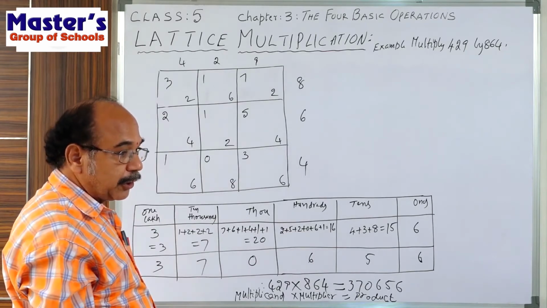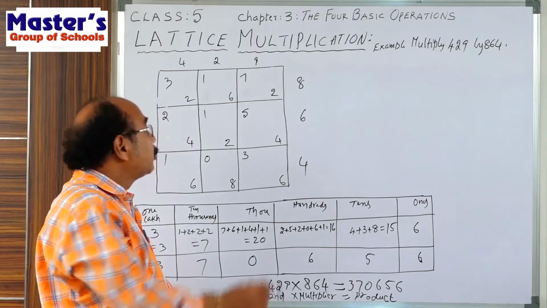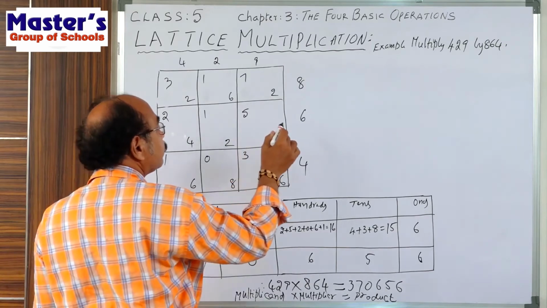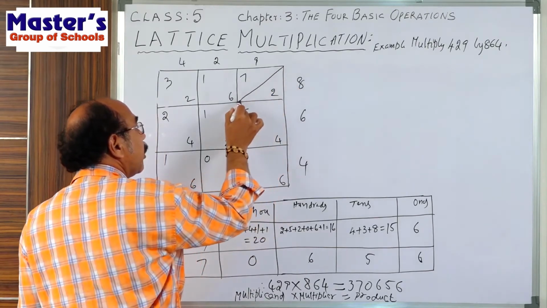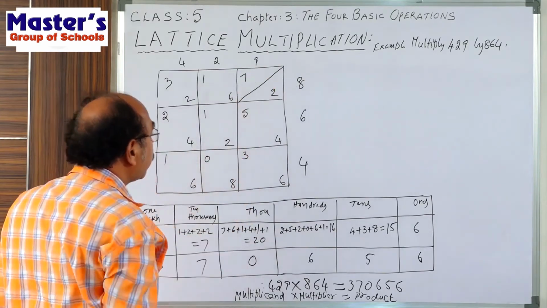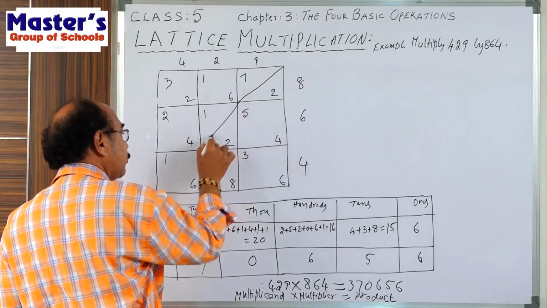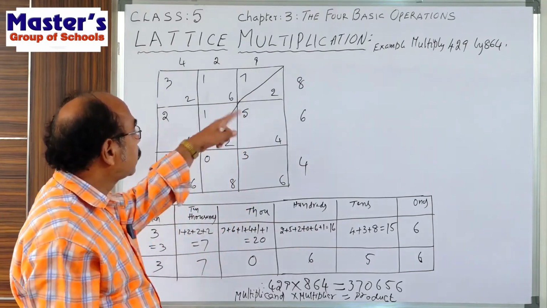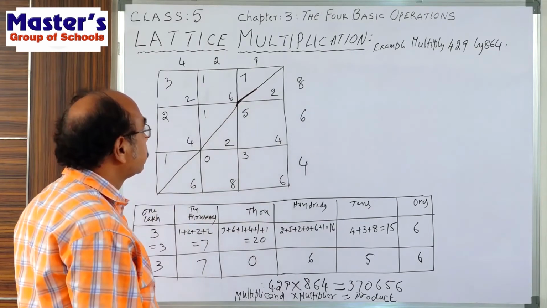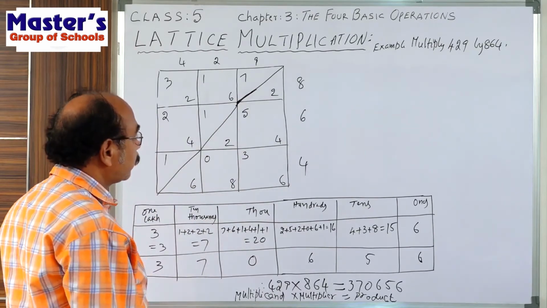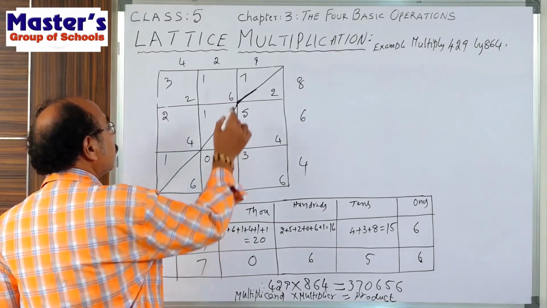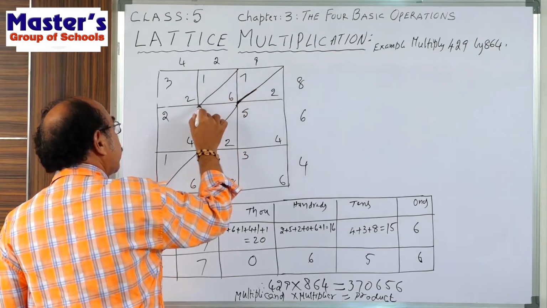And in each and every box we show the diagonal. Here you see, like this, you can draw the diagonal. And you can draw the diagonal continuously also. This is called the diagonal. Okay, children. And here also you can show the diagonal like this.